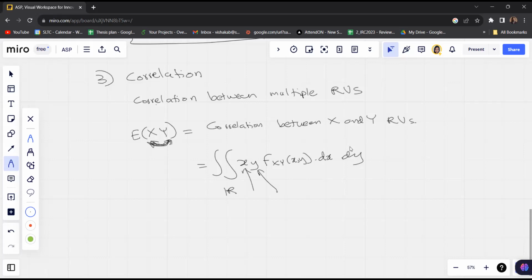That is denoted using this correlation, and this integration will give us the correlation between these two random variables that we use to define the outcome of a random experiment.